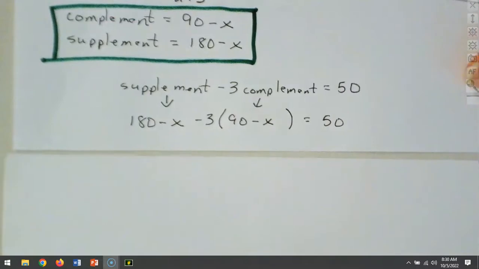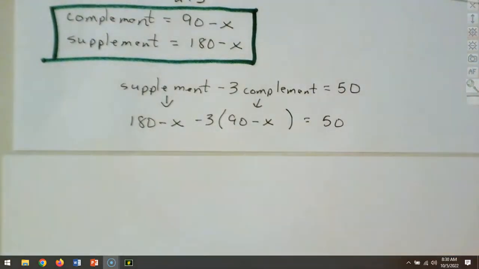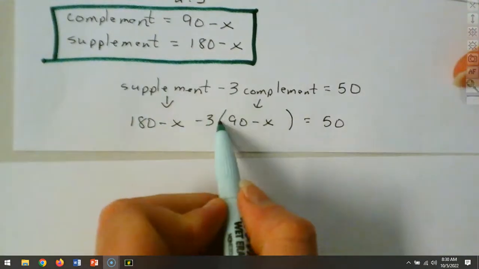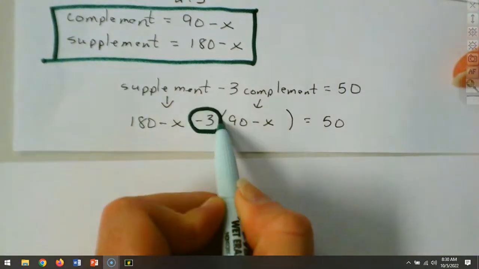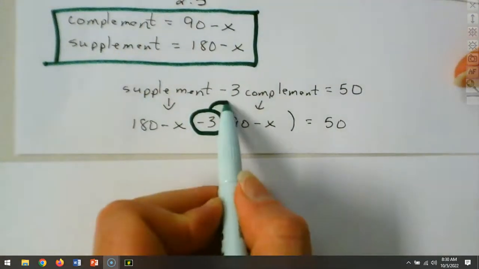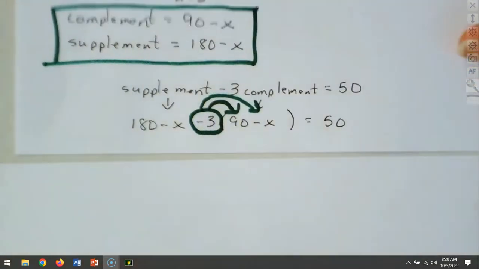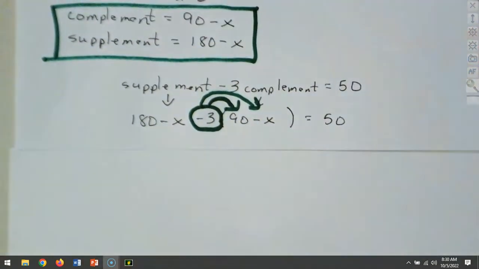How would we finish this? Well, I would begin by distributing, and here's where students make a mistake again, that negative in front. It's a minus 3. Whenever we have a negative like that, I like to circle it, so I remember it's not just 3, it's a negative 3 that pushes through.